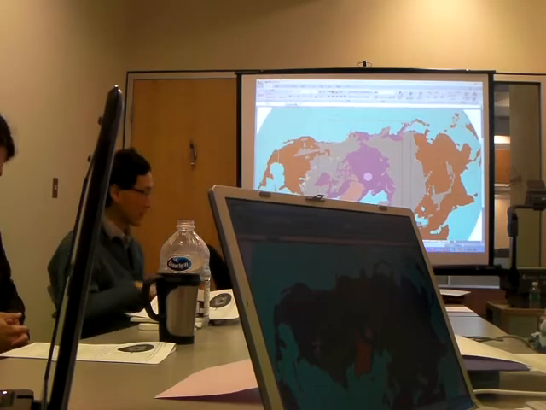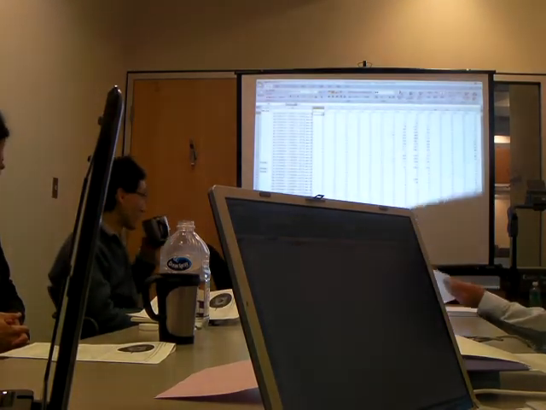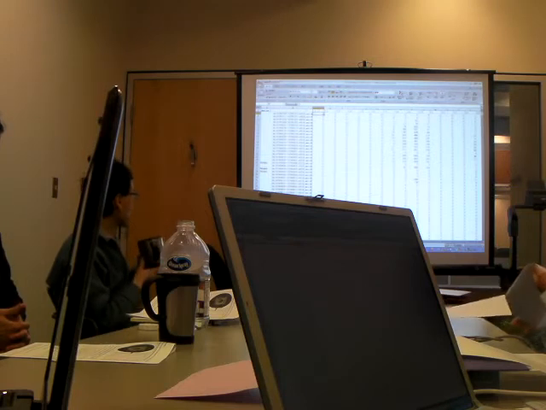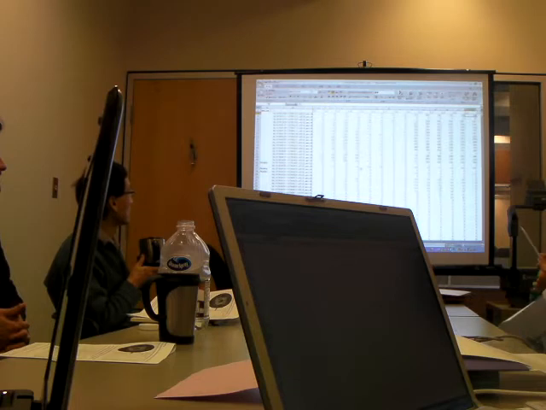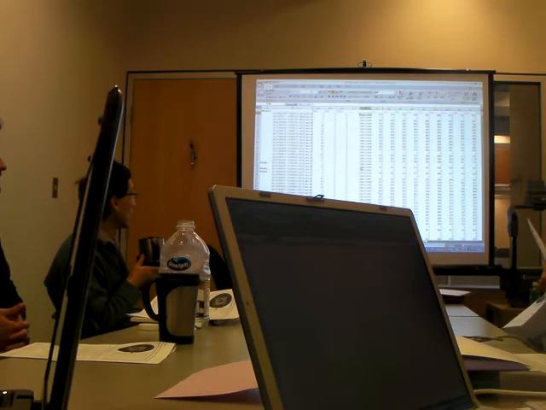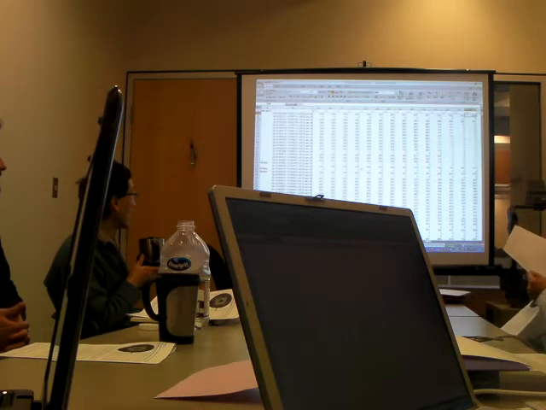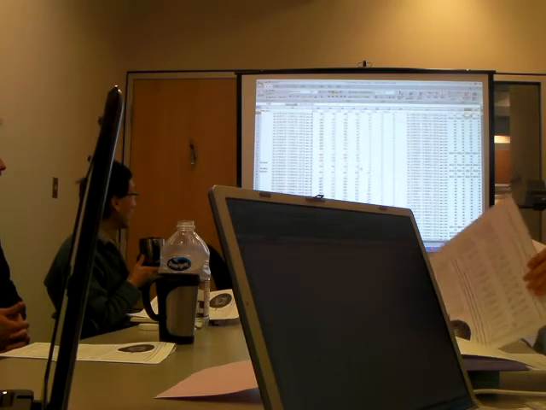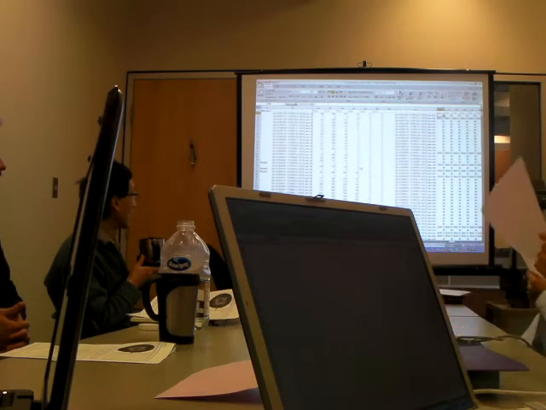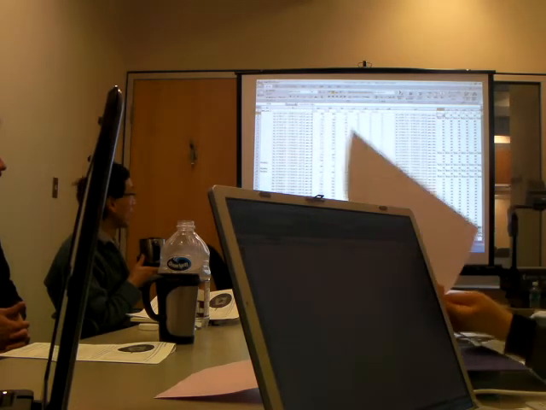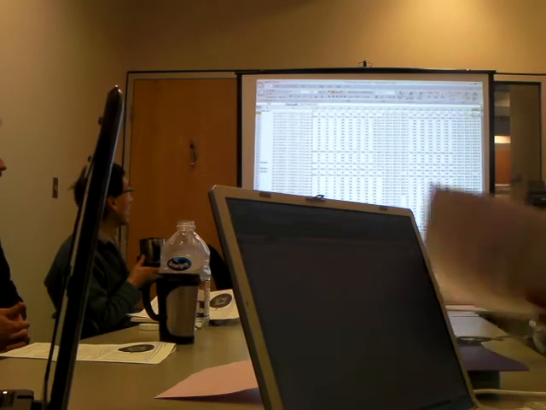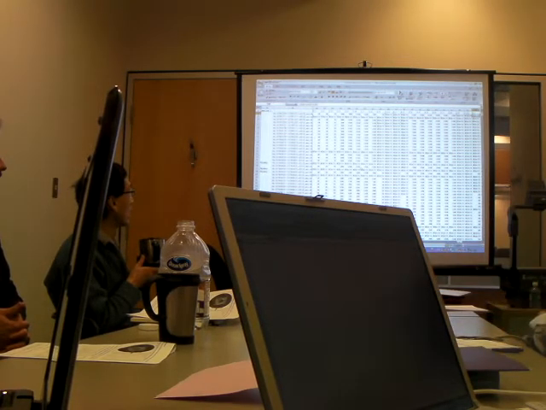Using these data sets, this is the number of cells expressing open sea from 1 to 10, and this is the number of cells with sea ice from 1 to 10. Then this is the ratio of sea ice in each cell. Making use of this data set, I conducted a correlation coefficient survey.